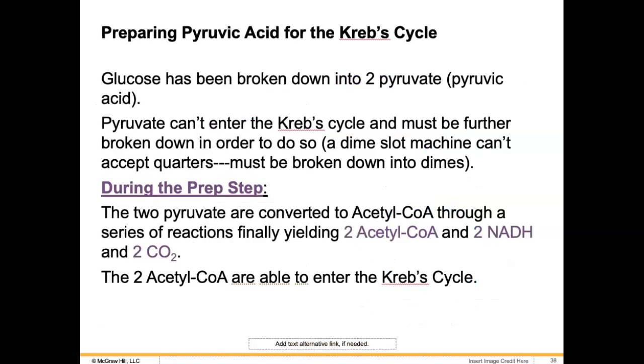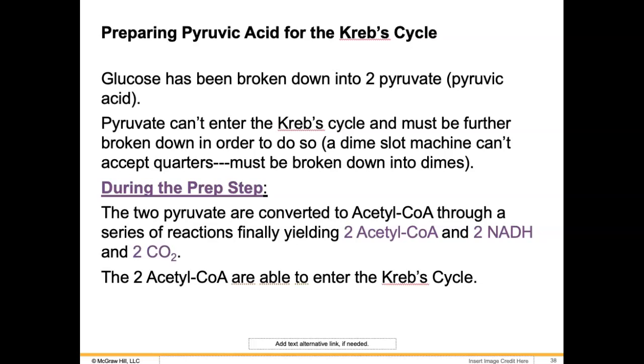Let me move on. Pyruvate or pyruvic acid has to be prepared for the next step in the process. Because glucose has been broken down into 2 pyruvate, pyruvate doesn't have the capability to actually enter.